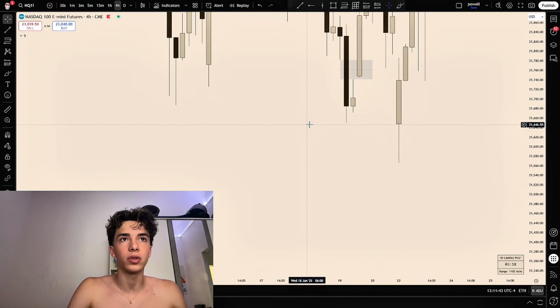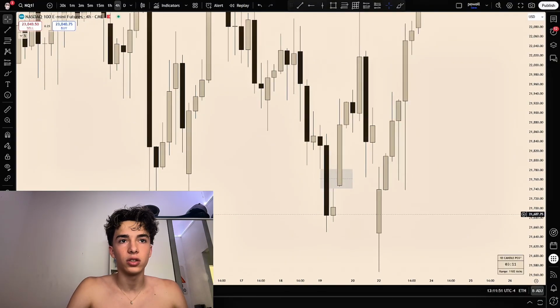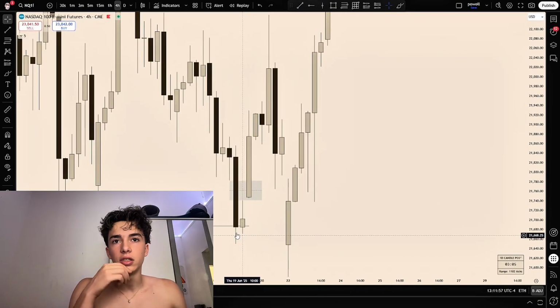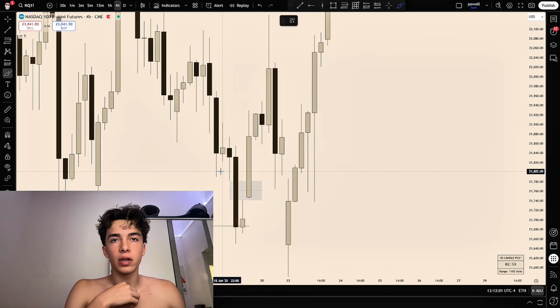For example, we just swept this low here. This is our sweep. We see we have this inversion fair value gap here.